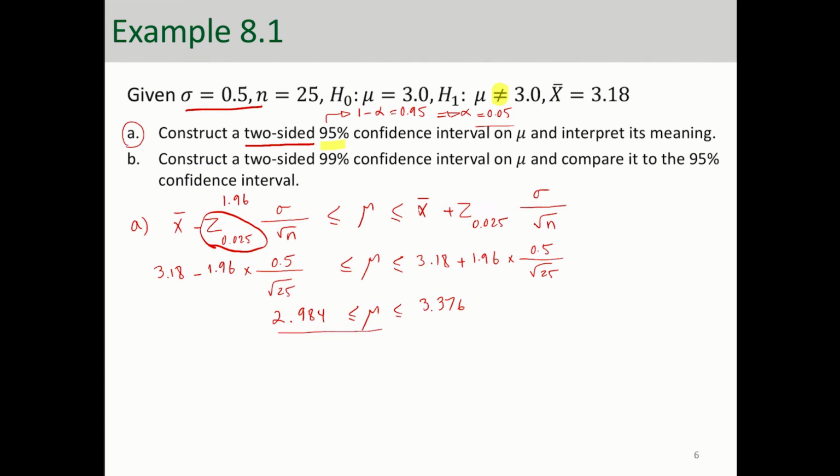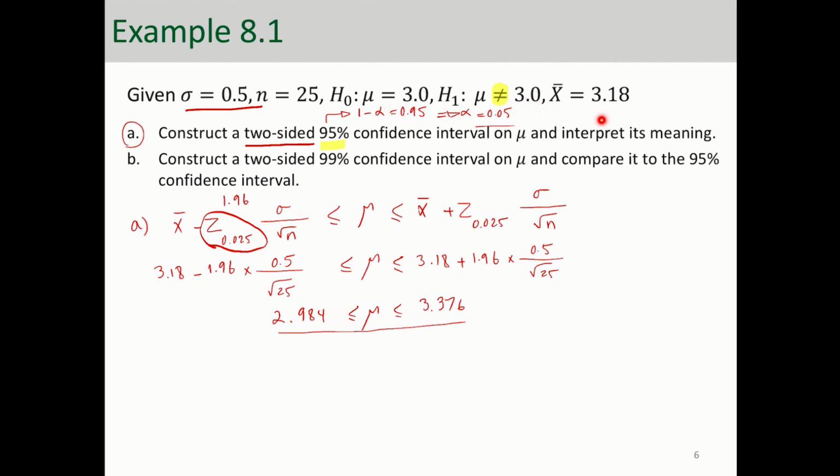So how do we interpret this? What does that mean? Well, this example is, if you remember, the continuation of the GPA example. Essentially, we are hypothesizing whether the average GPA of the university is 3.0 or is not equal to 3.0.